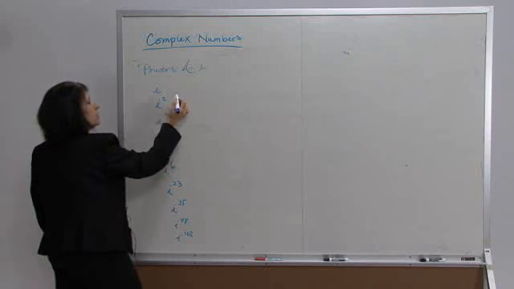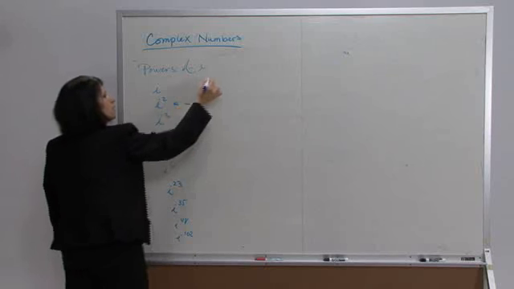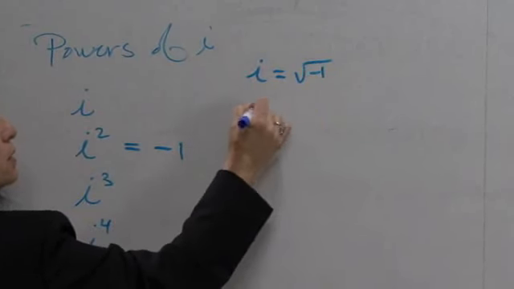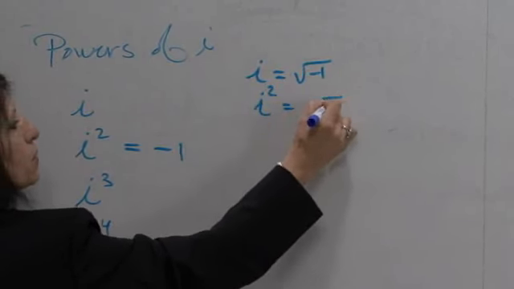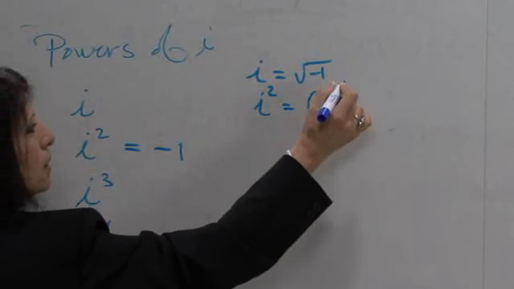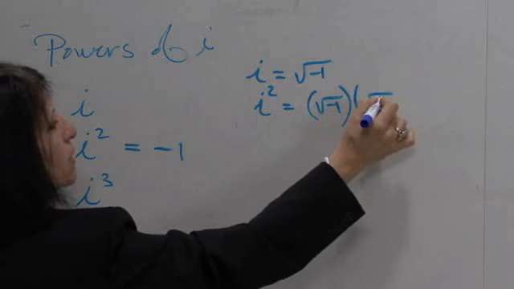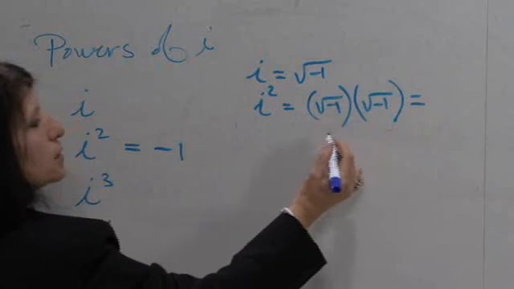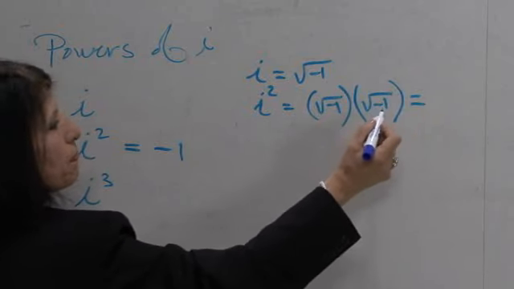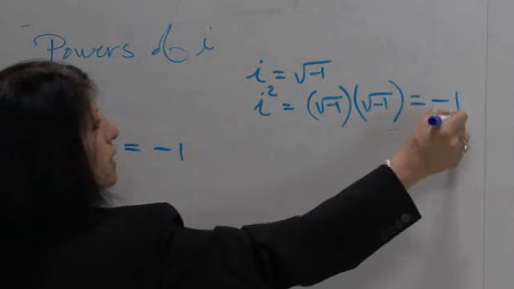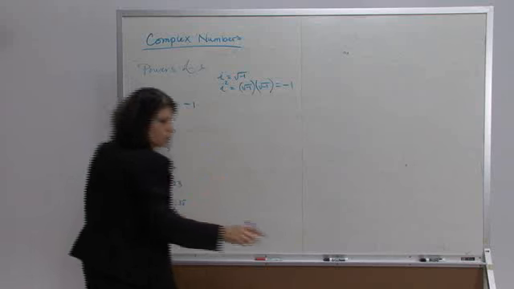i squared is going to be -1 because, see, i is the square root of -1. So i squared is the square root of -1 times the square root of -1 from your study of radicals. That's going to be what's under the radical, which is -1.